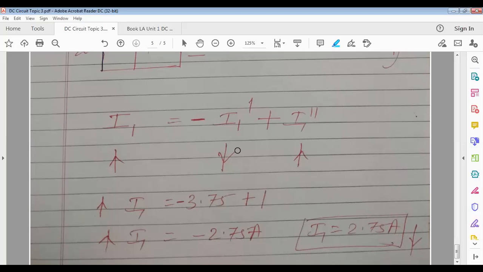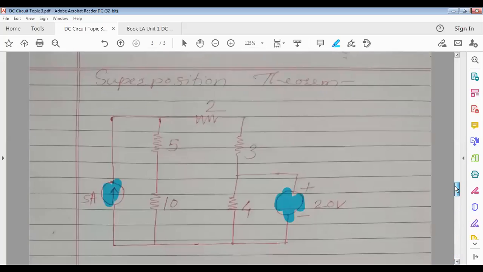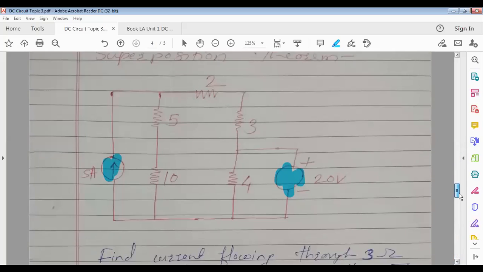To apply the superposition theorem, a minimum of 2 sources must be there. With 2 or more than 2 sources, you can go for the superposition theorem. But if only a single source is there in the circuit, you can't apply it. According to this theorem, consider a single source at a time and make the rest of the sources inoperative.